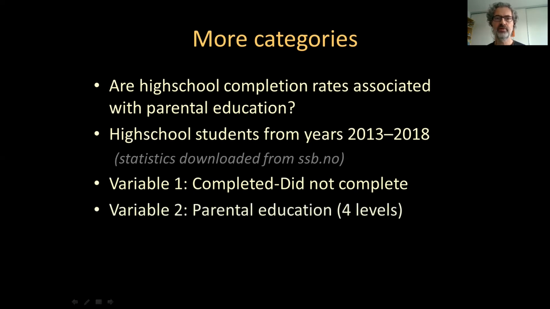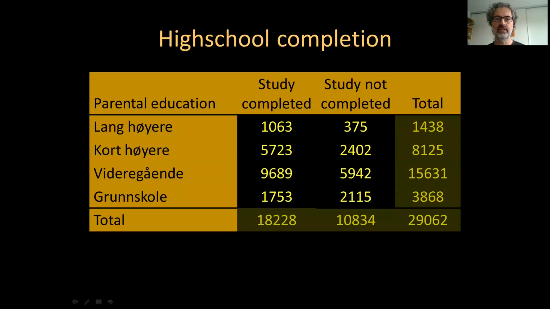And the other variable will be the level of parental education, here broken down into just 4 levels. So each youth is classified according to these two variables in one of these cells. Down the rows, we see parental education, so 4 levels of parental education.